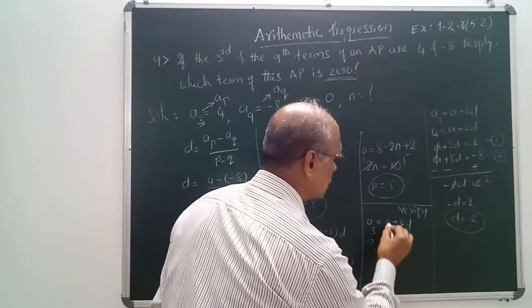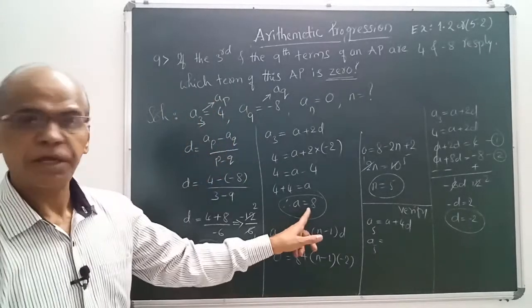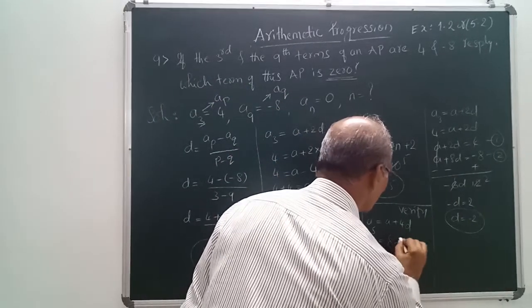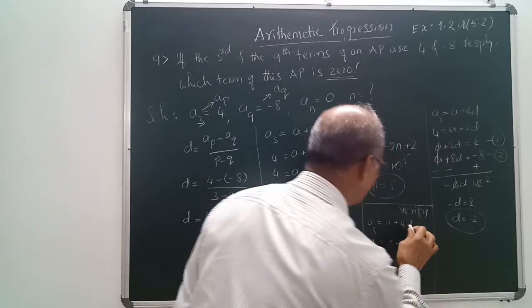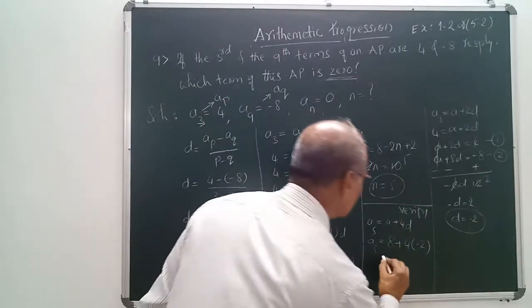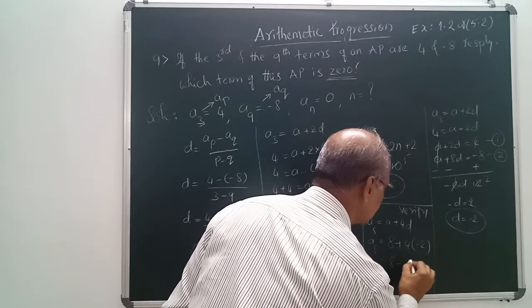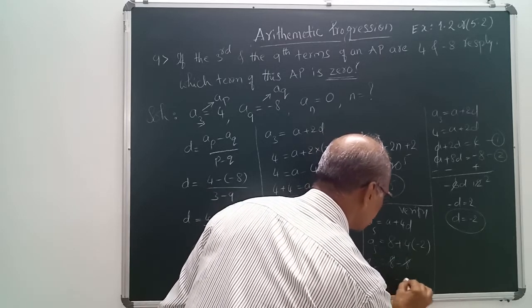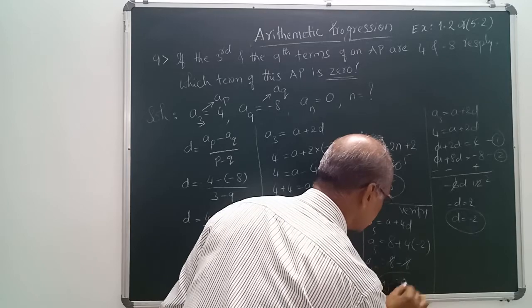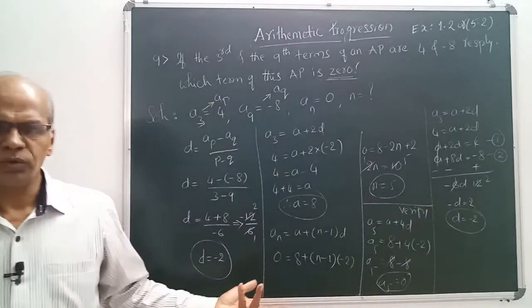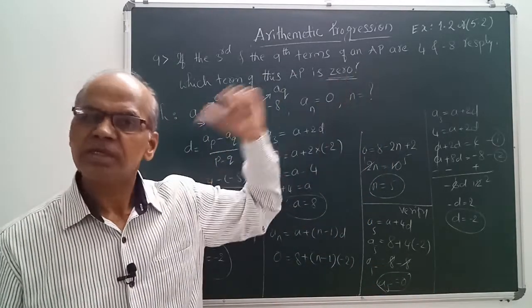A5 we must get 0. a is how much? 8, plus 4 into minus 2, d is minus 2. That means A5 is equal to 8 plus into minus, minus 8. Cancel. What is this? A5 is 0. That means the fifth term is 0.